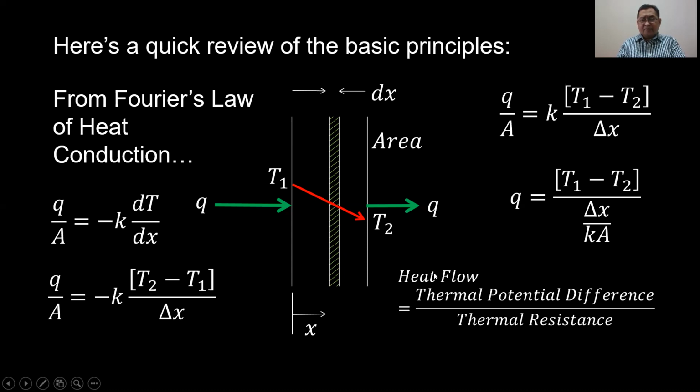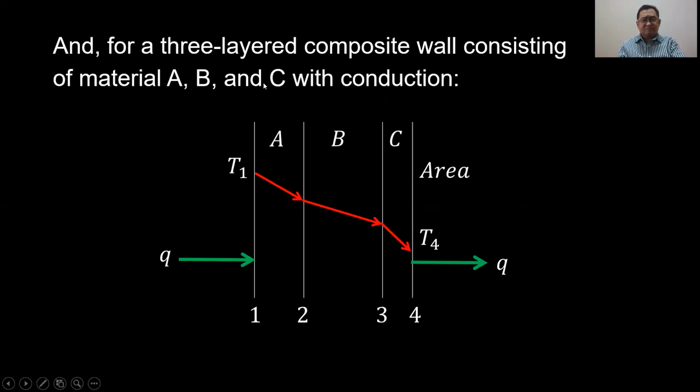So heat flow is equal to the thermal potential difference here, which is T sub 1 minus T sub 2, over the thermal resistance.